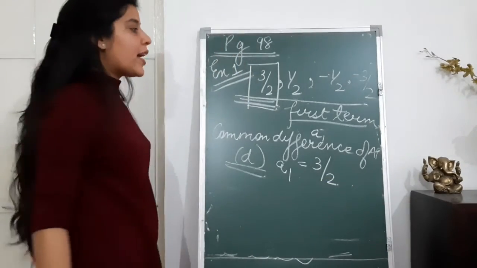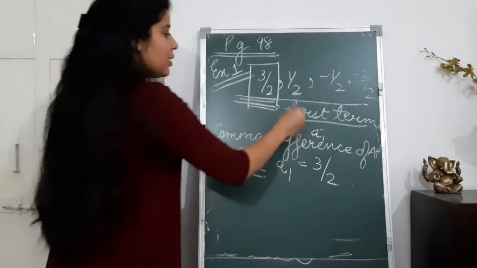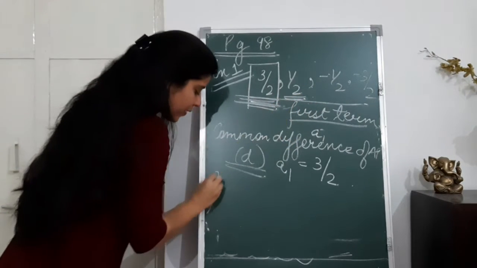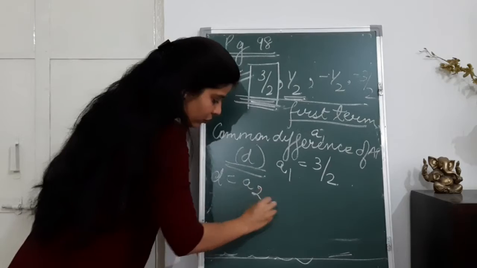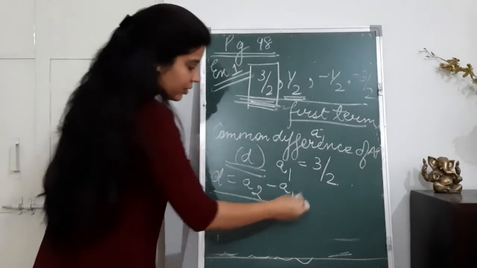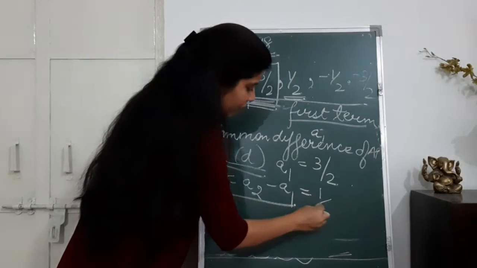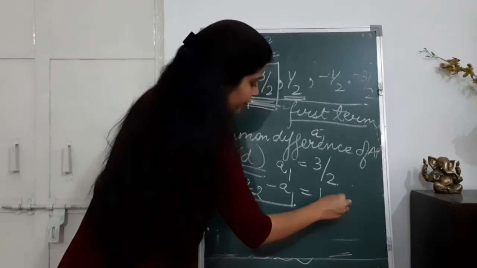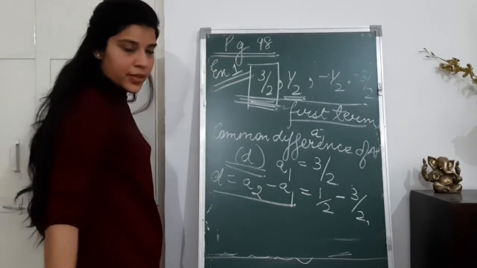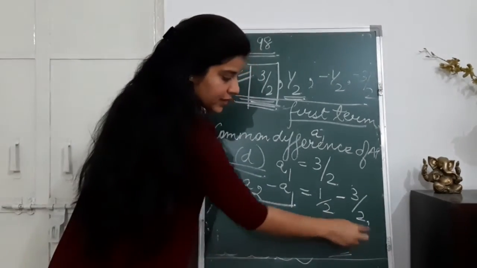Second thing, we have to find the common difference from it, right? So this is its second term, this is its first term. For finding out D, this is what I told you, D is equal to A2 minus A1, which will be half minus 3 by 2. Okay, so this is common.